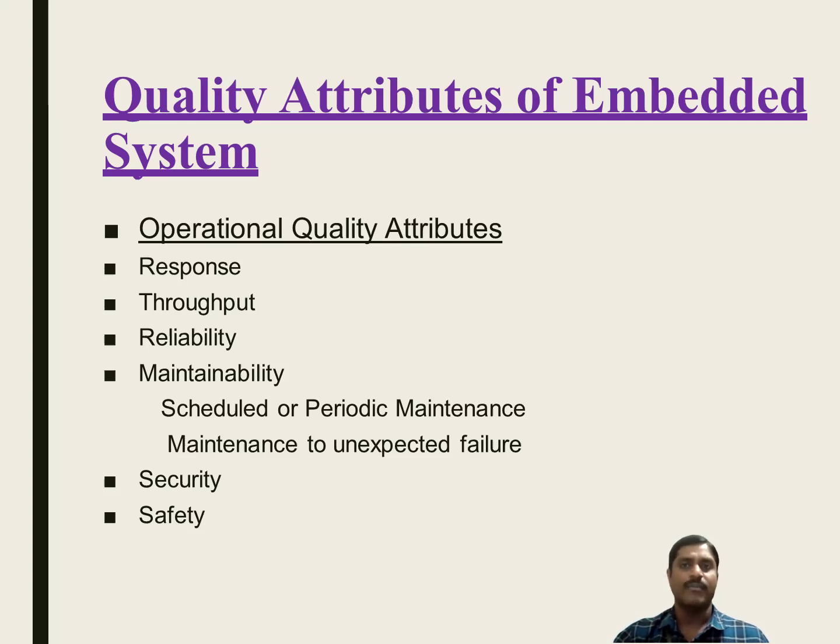The mean time between failure gives the frequency of failures in hours, weeks, and months, whereas the mean time to repair specifies how long the system is allowed to be out of order following a failure. For embedded systems with critical application needs, it should be of the order of minutes.